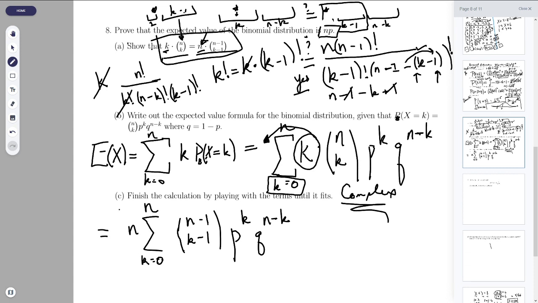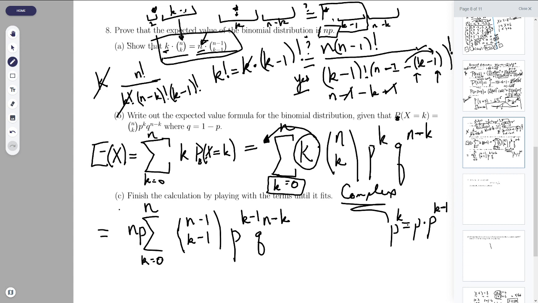So, okay, that's good. And now the other thing I'm going to factor out, I'm going to make this k minus 1, and I'm going to pull out, remember that p to the k is going to be equal to p times p to the k minus 1. And so we're going to factor out that extra p.